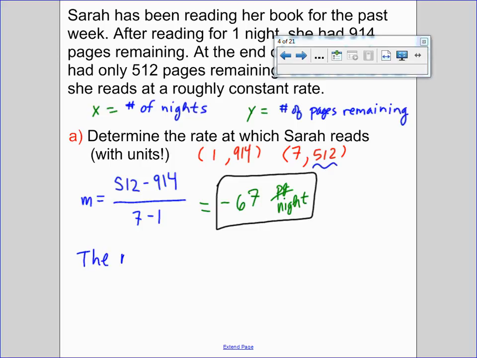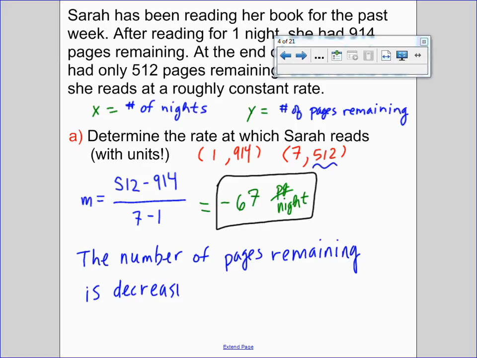The number of pages remaining is decreasing. I know that the number of pages remaining is decreasing because my slope number was negative.